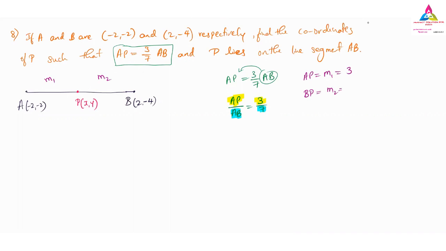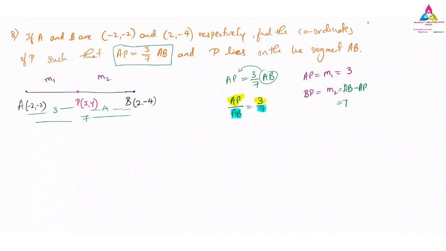So what is the value of BP? It is simple. AB value in total they have given is 7. In this, AP value is 3. So what will BP be? 4. Yes, obviously it will be 4, because 3 and 4 if you add together, it must be 7. So the M2 value is nothing but, if you want the formula, AB minus AP.